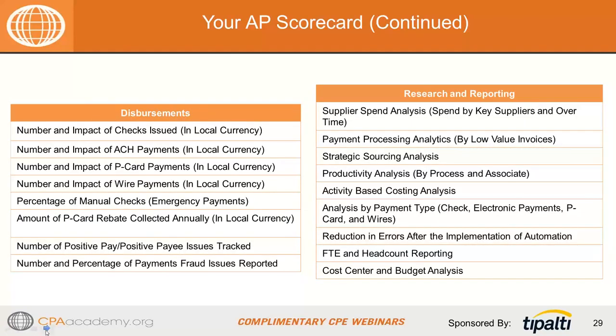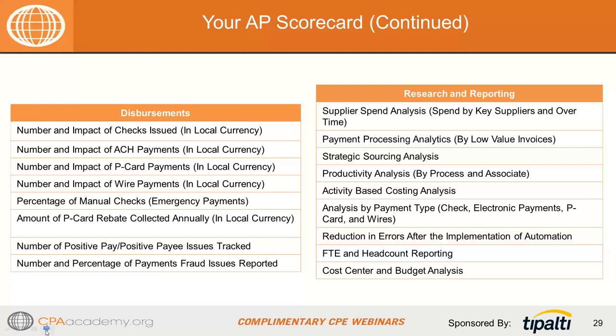Next, if we take a look at disbursements, and again, this would be one that should be diminishing if we do comparison from month to month, and that's the number and impact of checks issued in local currency, ACH payments, P card payments, wire transfers, percentage of manual checks, which really should be considered emergency payments as you're moving to an automated environment that we're talking about.